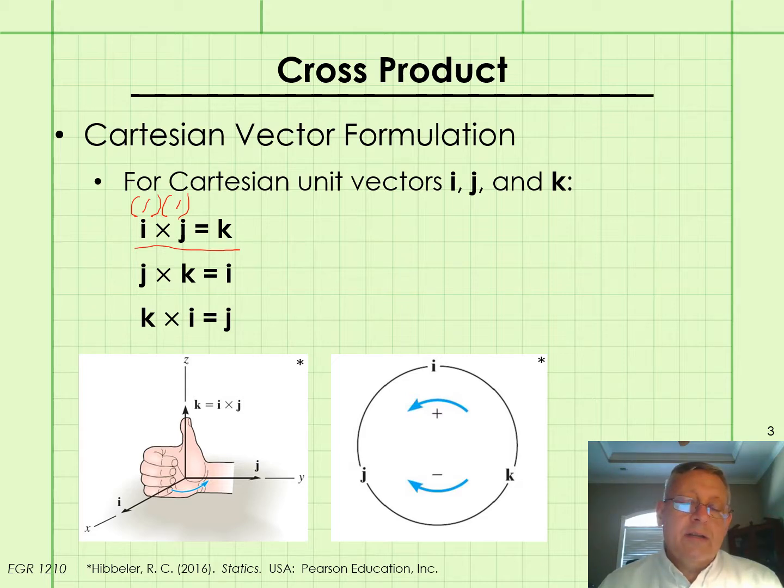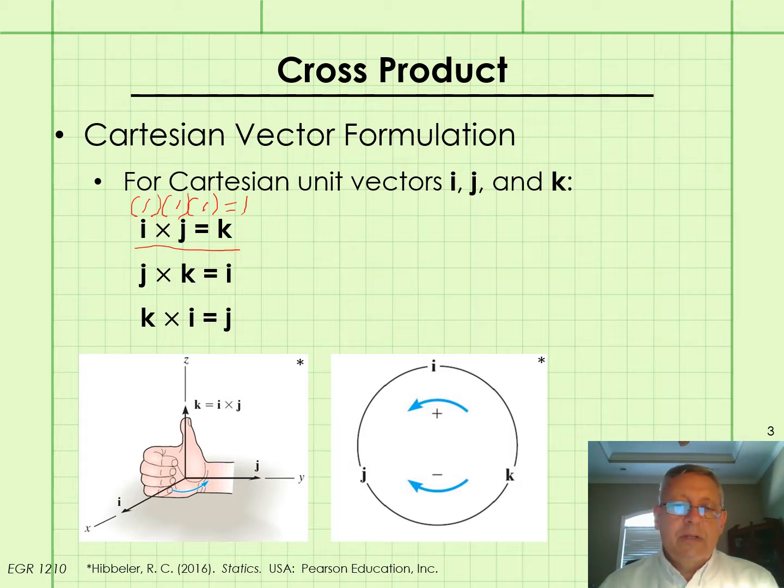So by definition, the angle between any two Cartesian unit vectors is 90 degrees, and the sine of 90 is 1. So the magnitude of i cross j is 1.